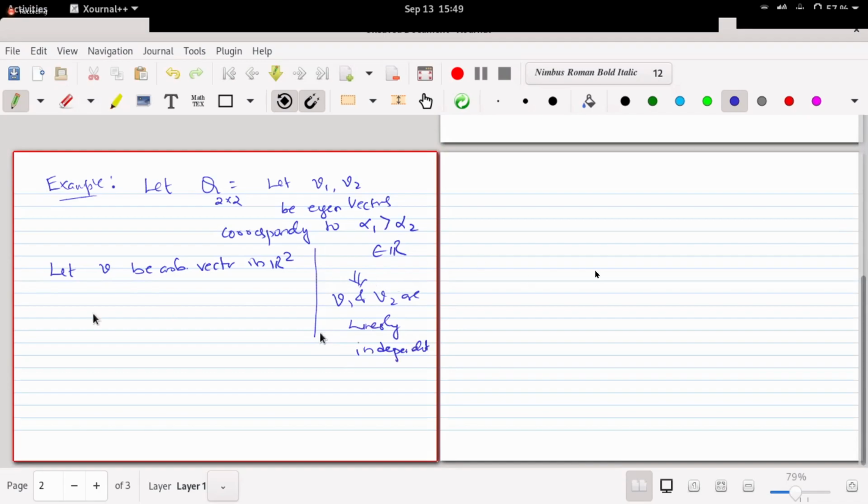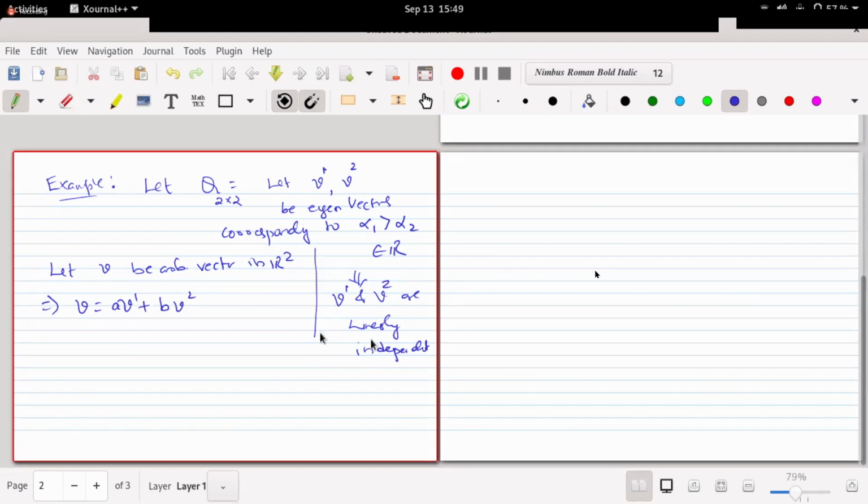So this implies V equals some A times V1 plus B times V2. I should not put suffix, I will put superscripts, because usually suffixes are used for components. Do you agree? They form a basis.